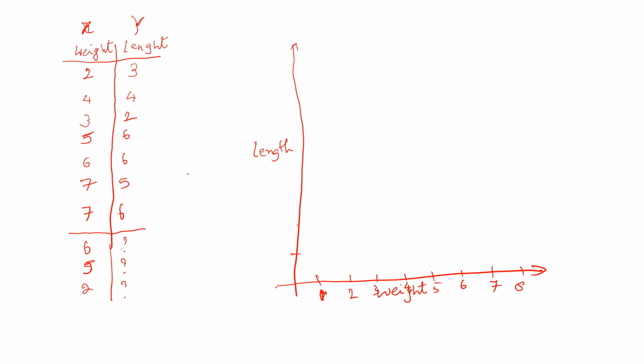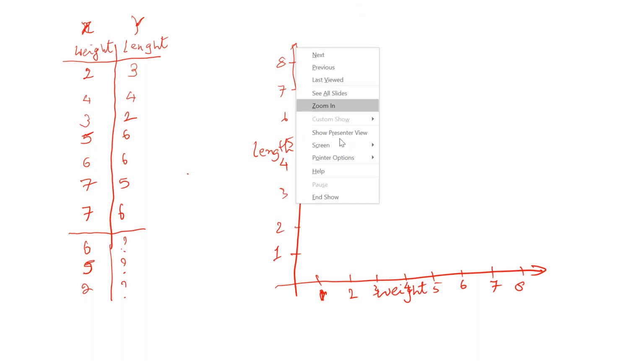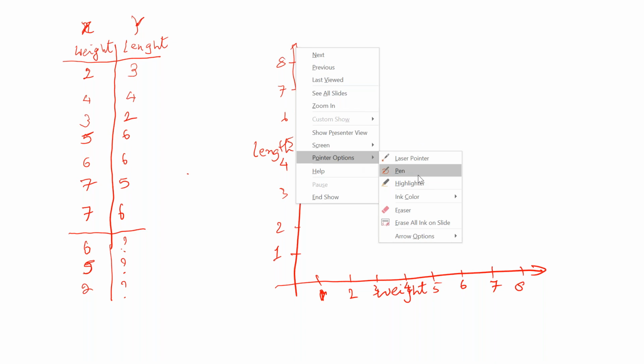Similarly, here also I'll put 1, 2, 3, 4, 5, 6, 7, 8. Okay, so now I will put a scatter plot of each of the mouse that I measured.